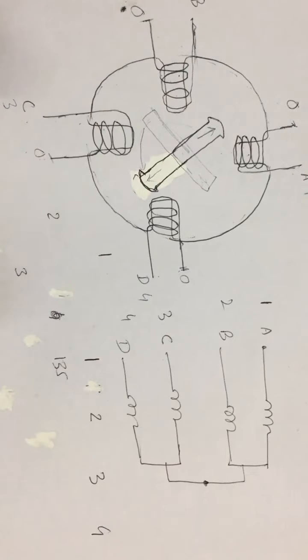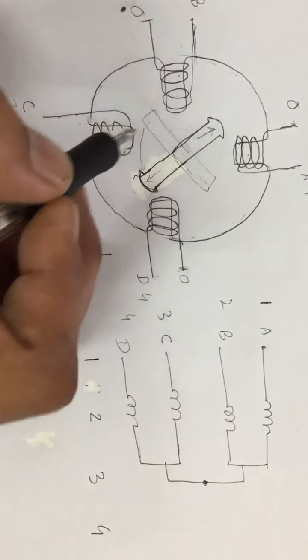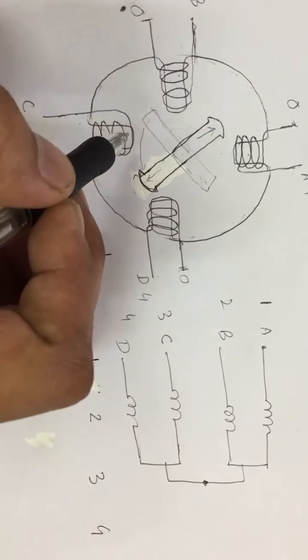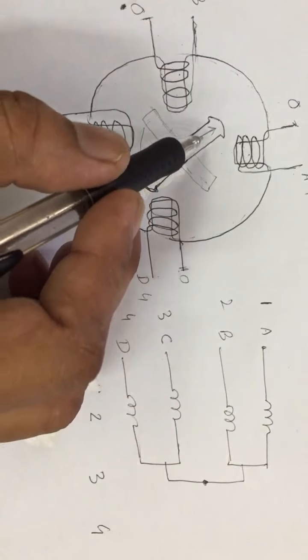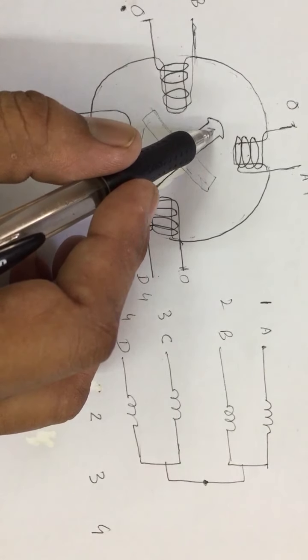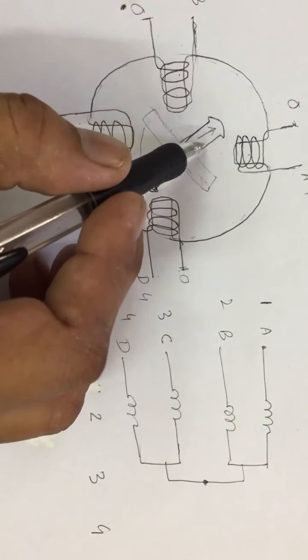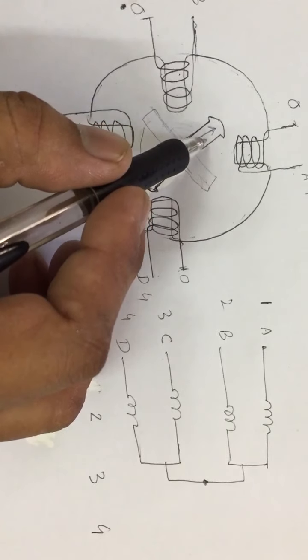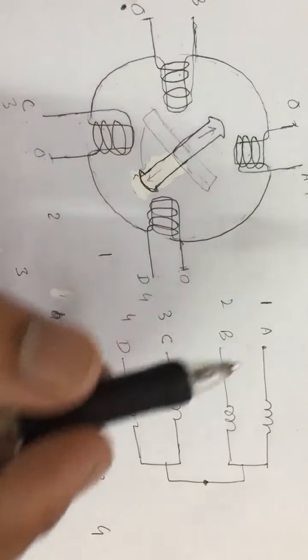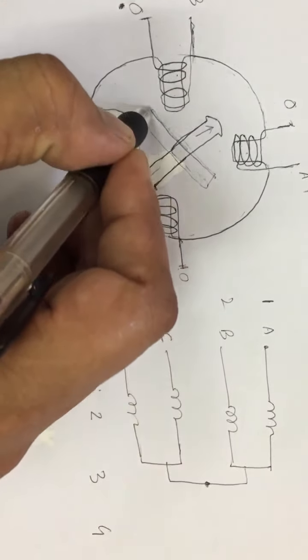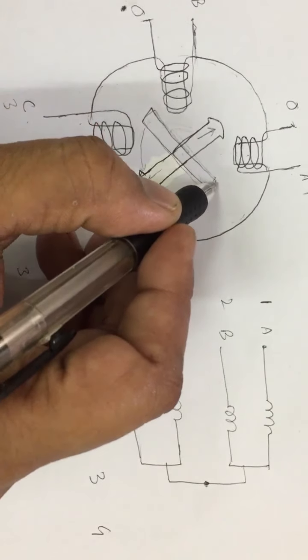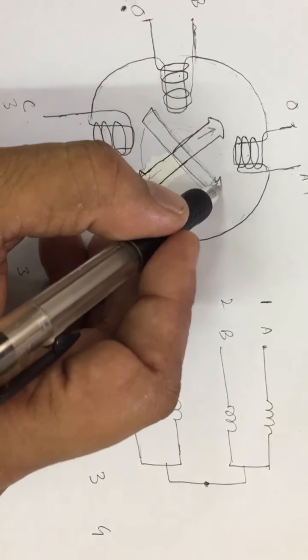Second thing, there is a possibility that we can reduce the step angle. How is it possible? There are 2 possibilities, but in this experiment we have more slots, more teeth in the rotor. If there are more teeth, for example consider rotors like this.